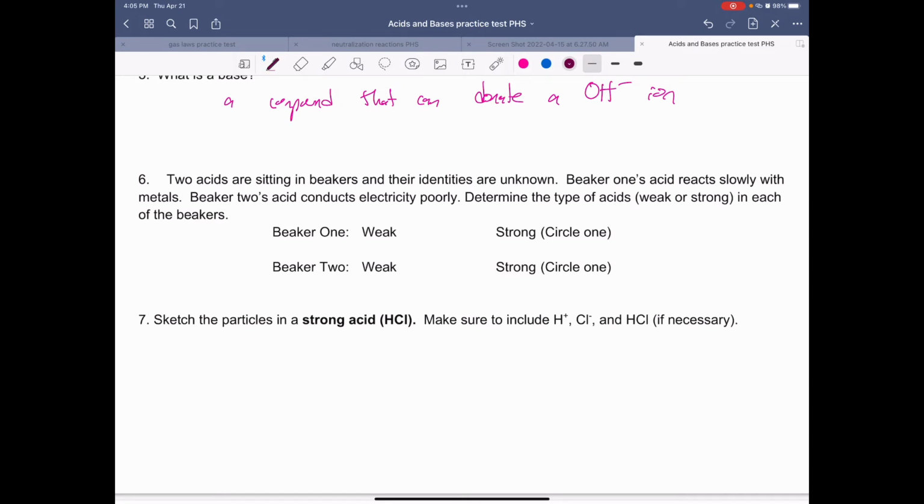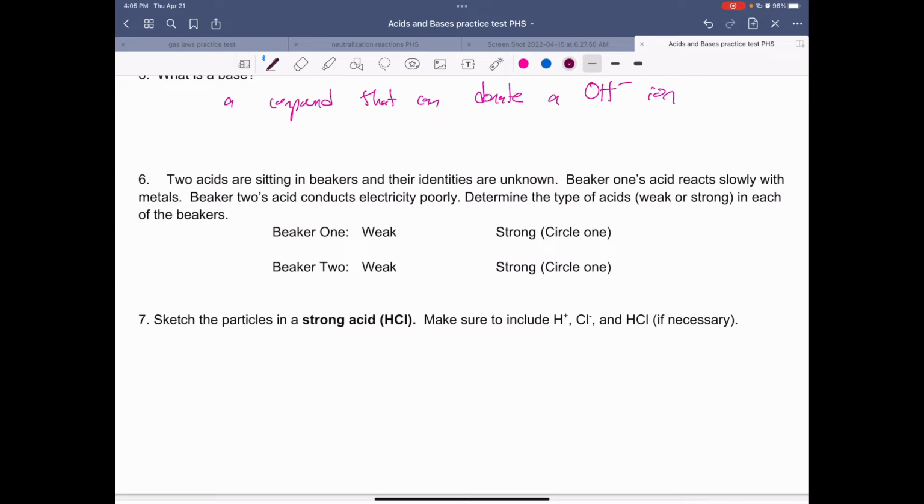Two acids are sitting in beakers and their identities are unknown. Beaker 1's acid reacts slowly with metals. So remember that there's 3 ways you can determine the acidity of an acid. One is how well it conducts electricity. 2 is how quickly it reacts. And 3 is use a pH meter, right, a pH probe.